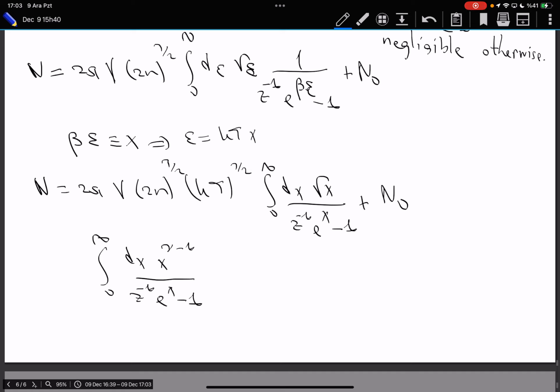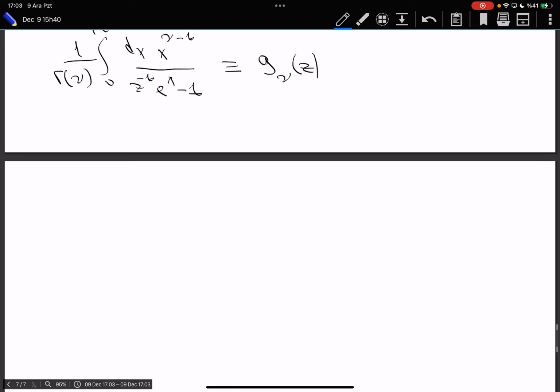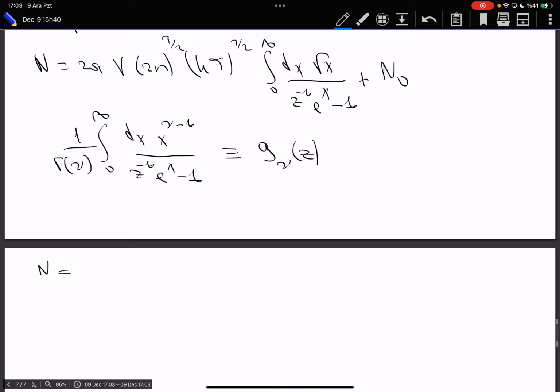So let me also factor out the gamma function. This is called g nu of z. Just a general definition. So N is 2 pi V (2m kT) to the power 3 over 2, gamma 3 over 2, times g 3 over 2 of z, plus N0.